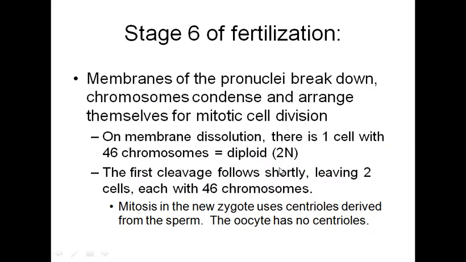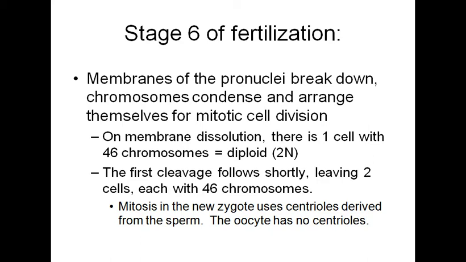In stage 6 of fertilization, membranes of the pronuclei will break down, chromosomes condense and arrange themselves for mitotic cell division. राइट, मियोसिस उसने अपनी पूरी कर ली. अब यहाँ पे माइटोसिस होगा और माइटोसिस का एंड रिजल्ट क्या होता है? माइटोसिस का हमेशा डिप्लॉयड डॉटर सेल्स ही मिलती हैं, राइट?